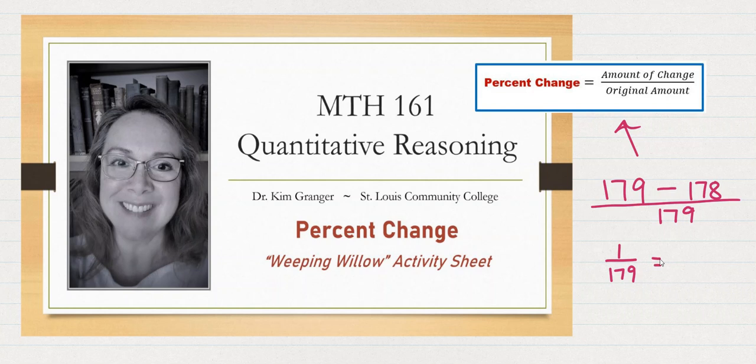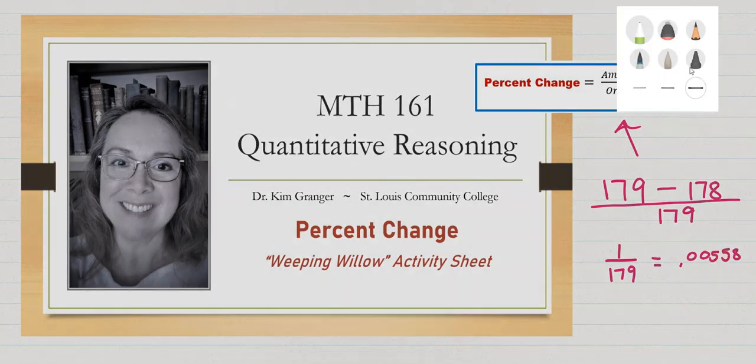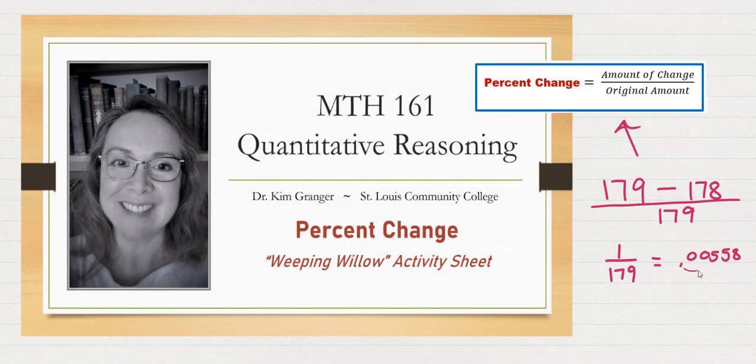And if I do 1 divided by 179, I get 0.00558, etc. Changing this from a decimal to a percent, I'm going to move the decimal point 2 to the right. Look at that, it's 0.6%, not even a whole percentage, right?